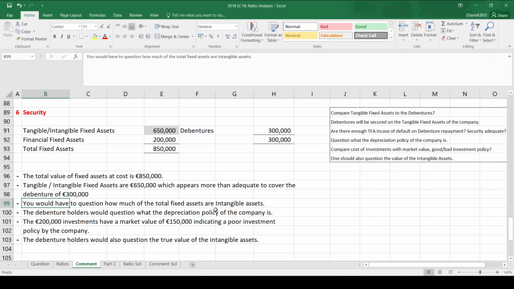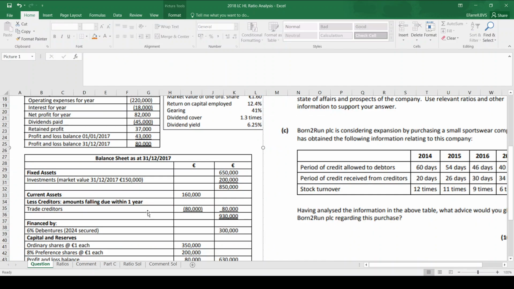We're not given that information, so it would be a good thing to know, and we always note that point. If we were told the intangible assets, you would question what their true value is, because things like patents and goodwill are written off over a few years, so we need to know the real value of those intangible fixed assets.